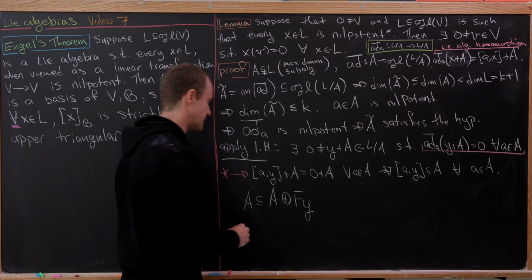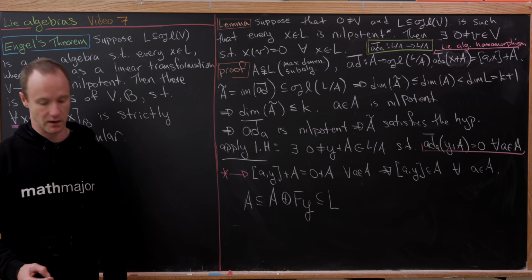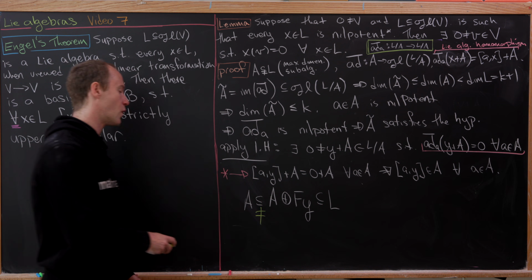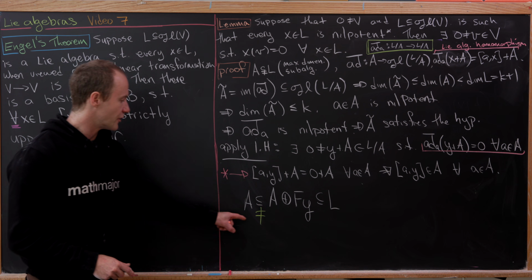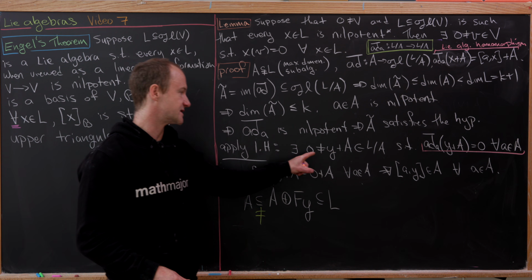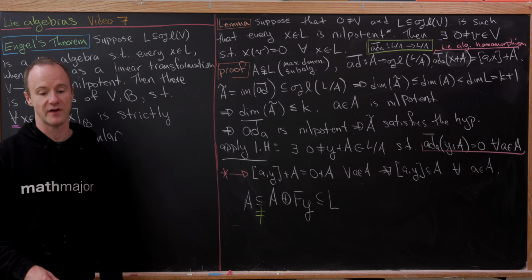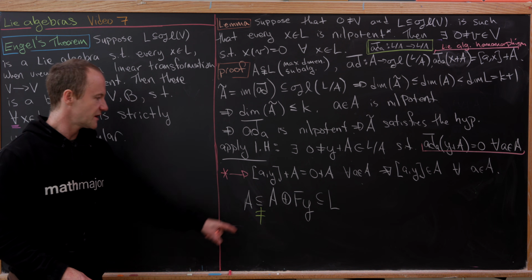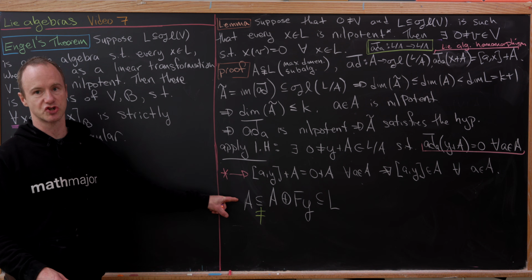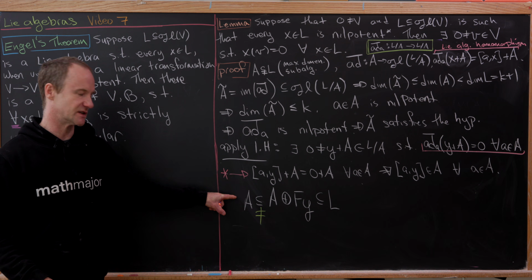In turn, that's a subspace of L. We know we do not have equality right here, because since y plus A is non-zero, y is not an element of A. But look at this: this is a subalgebra of L which has dimension larger than A. But A was chosen to have maximal dimension.